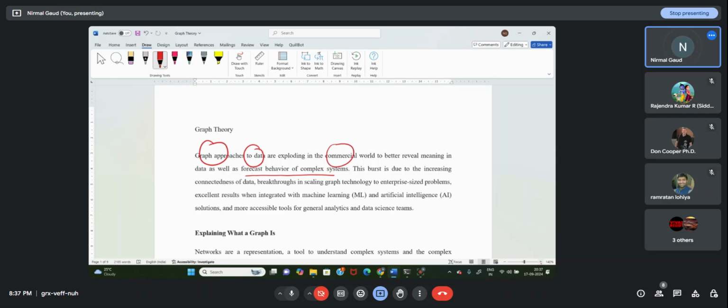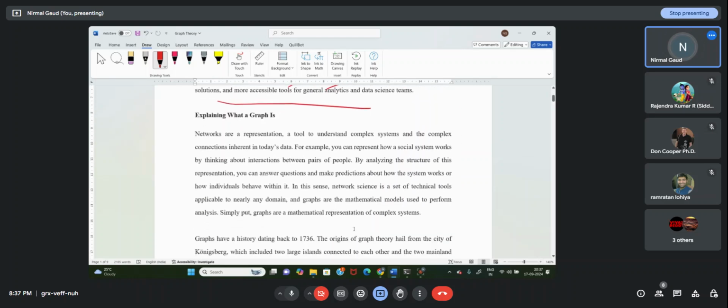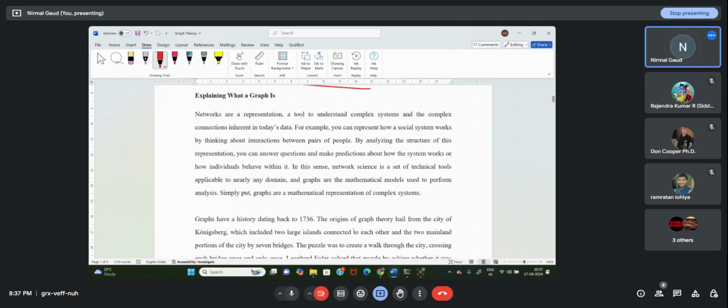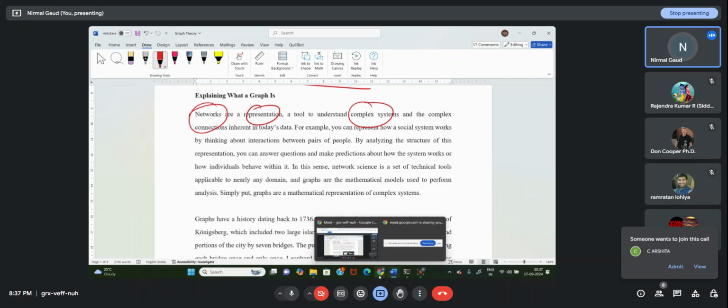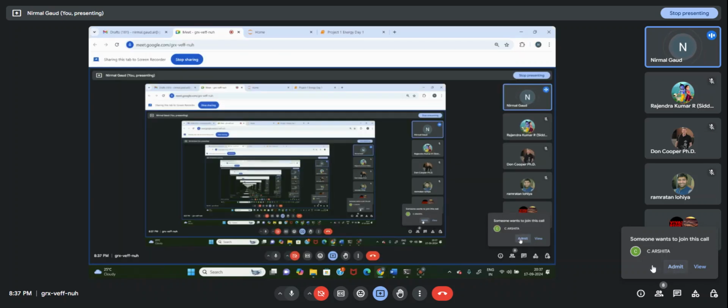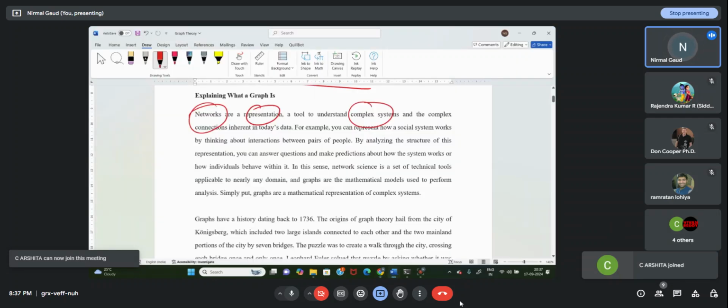In data science, machine learning, and artificial intelligence, we have a lot of use of graphs. And what is a graph? It's a representation. That means we have networks, and they are represented with the help of a graph. These are complex systems with complex connections, and they can be represented with the help of a graph.